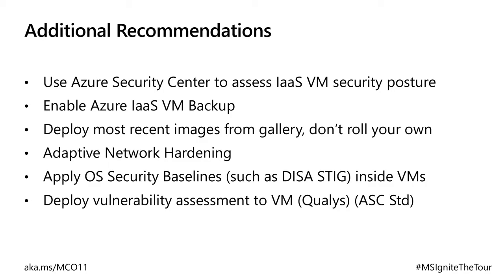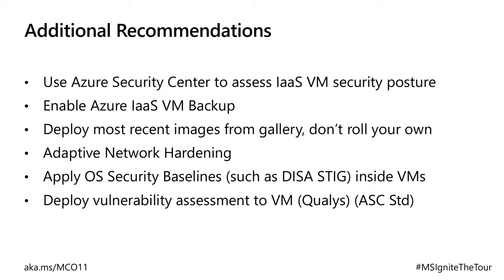We can lock that right down to a /29 because you're actually only using a very small number of IP addresses. What it's about is reducing the scope of what network traffic can go in and out of that virtual machine based on an analysis of how network traffic is usually used on that VM. So it will tell you what to do rather than you trying to figure it out yourself.